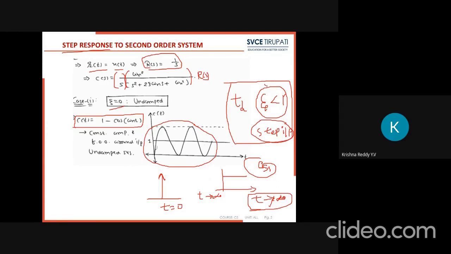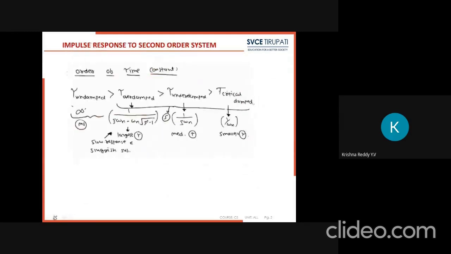Why do we choose only the underdamped system? If you take the undamped system, the time constant is infinity. And if you take the critically damped system, its time constant is 1 by omega n. One has a high time constant, the other a very small one. But to study the system, we require a medium range of time constant.